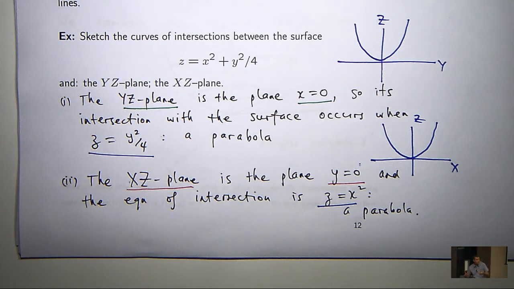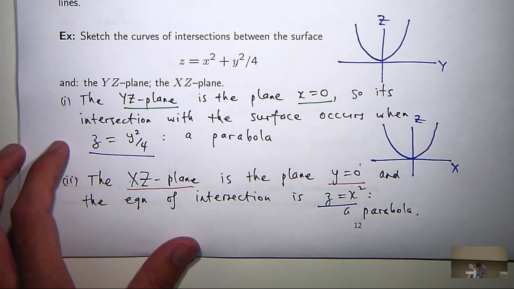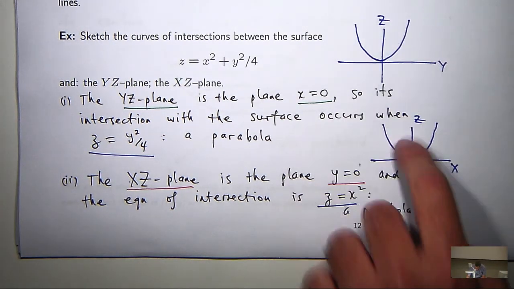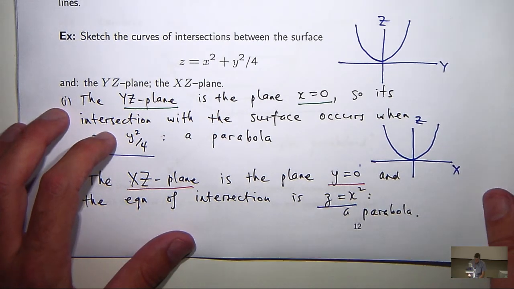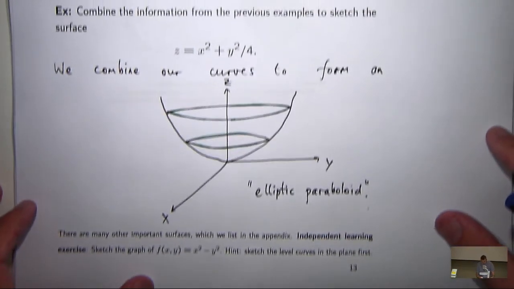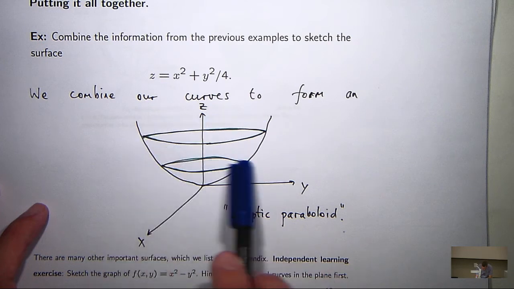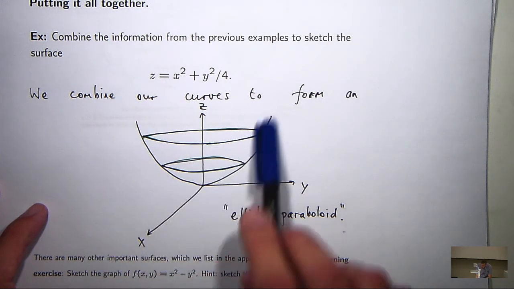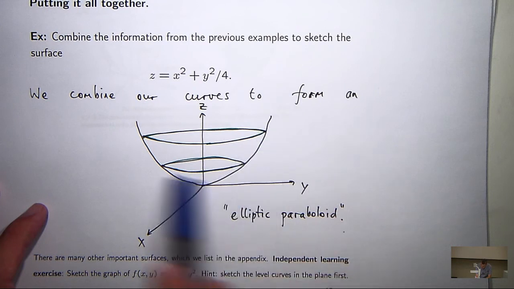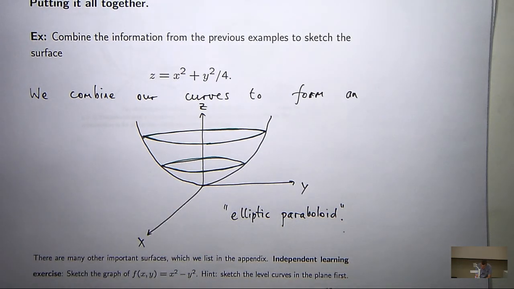Okay, so how do we put all that stuff together? Well, if we combine our contour curves with these guys, I'm going to get something like the following. Okay, I'll come back to this if you haven't got it yet. These are the contour curves, and these are the intersections with a particular vertical plane.